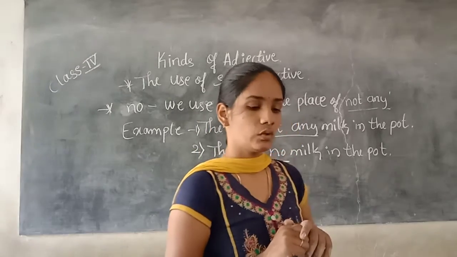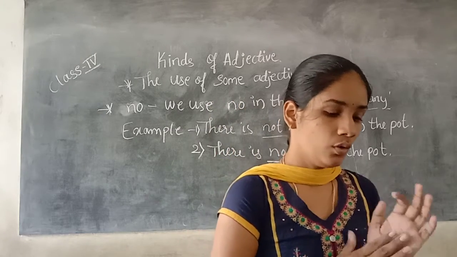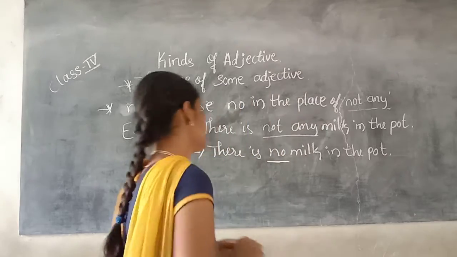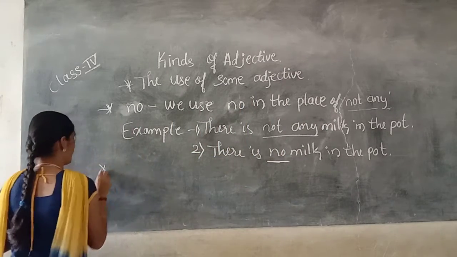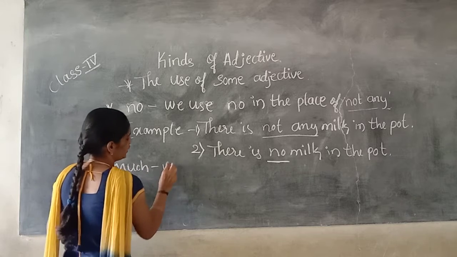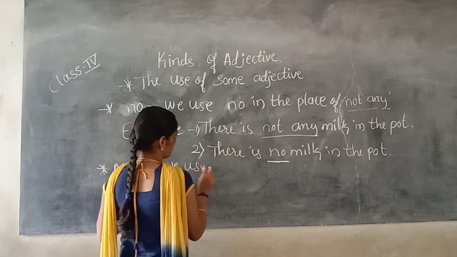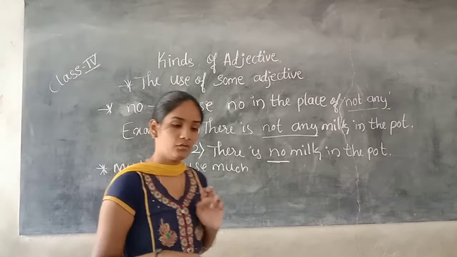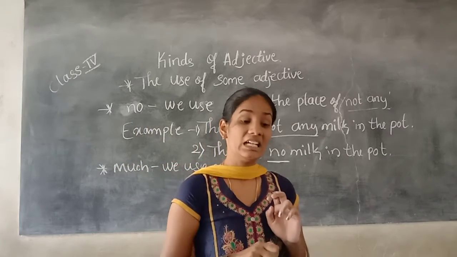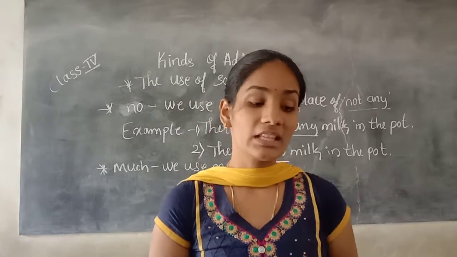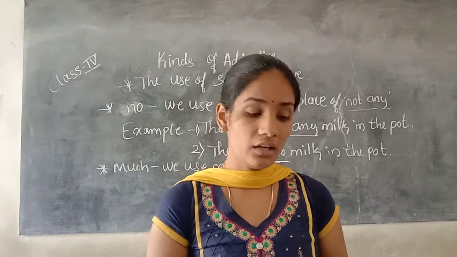Okay, students. So next one, what do we have? We have the word much. When do we use the word much and how do we use it? We use much and a little with uncountable nouns.